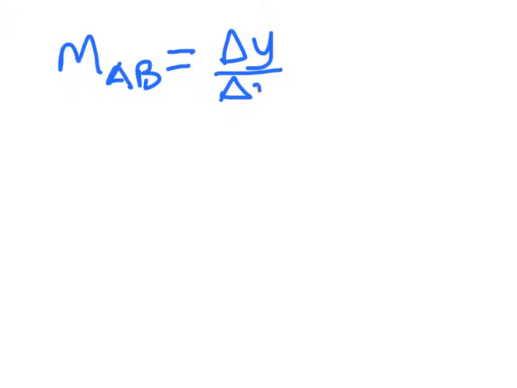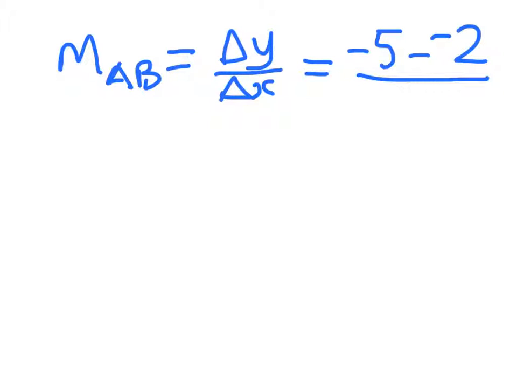So we've got the slope of AB is equal to the change in y over the change in x. I'm going to start with point A minus point B. So I get negative 5 minus negative 2, using the y coordinates, divided by 7 minus 3.